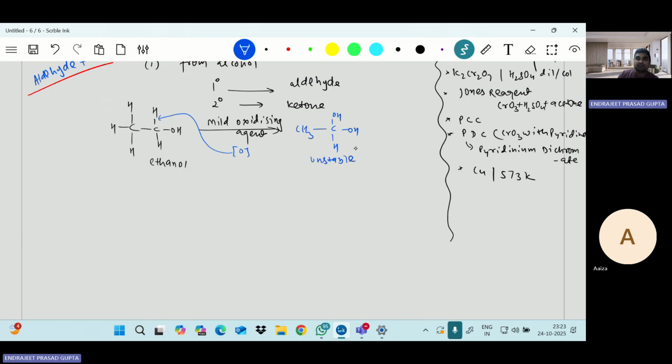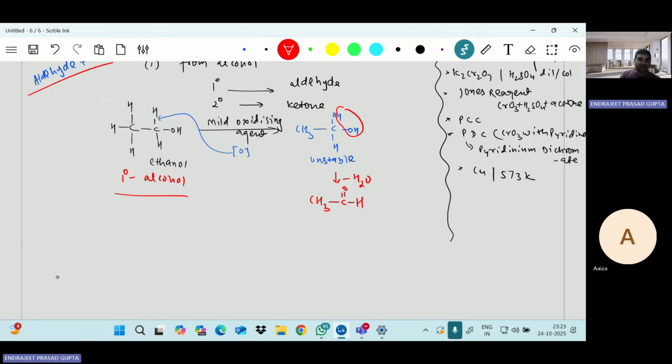Two OH groups cannot be present on the same carbon. They will interact together and H2O will be eliminated. So you will get CH3 CH=O, which is an aldehyde. So if you take a primary alcohol, the product will be an aldehyde.